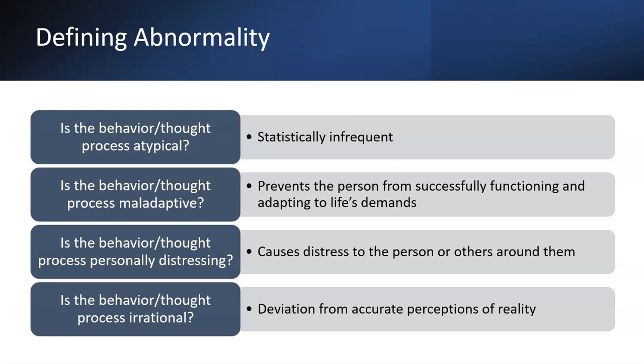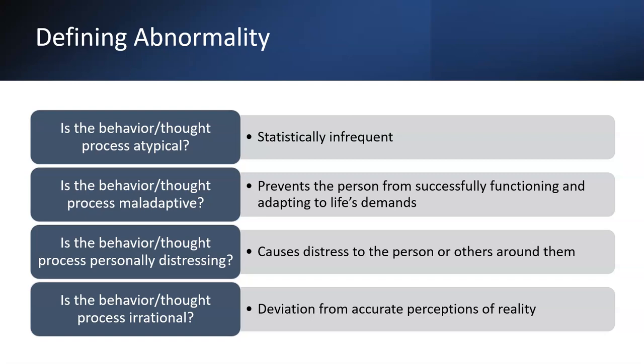Some other researchers, Rosenhan and Seligman, for example, focused on maladaptiveness, primarily in the form of being dangerous to self. They talked about vividness and unconventionality, meaning that the behavior stands out.